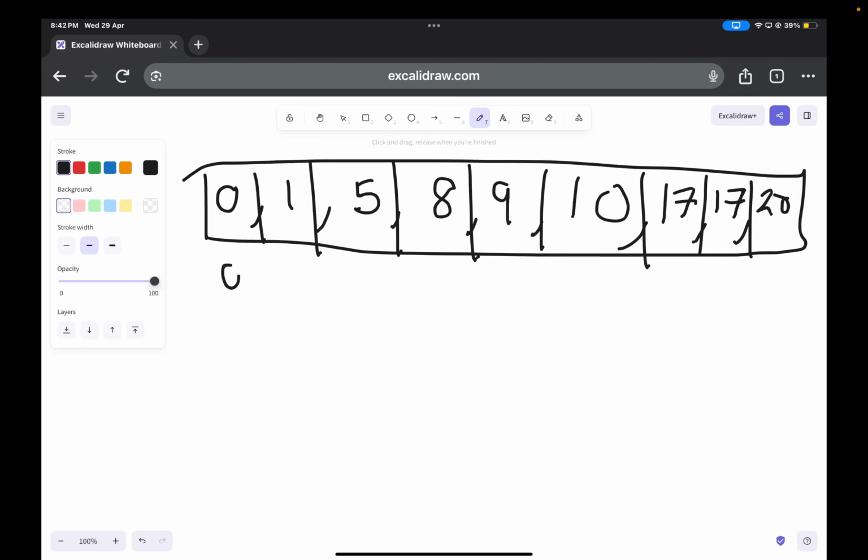If you sell 0 meter it is 0 price, if you sell 1 meter it is 1 price, if you sell 2 meter it is 5, if you sell 3, 4, 5, 6 accordingly these many prices are there. So 5, 6, 7, 8, clear? Length is 8.